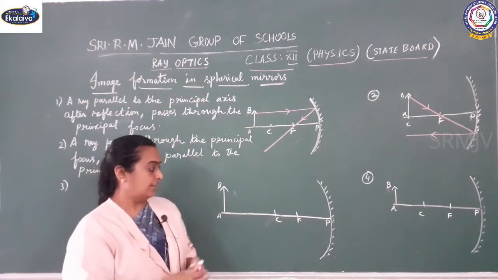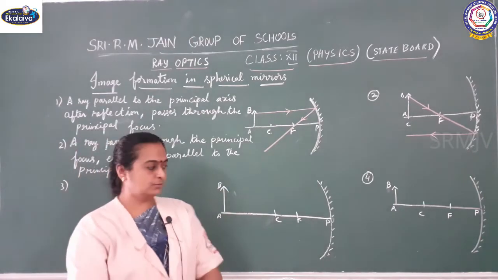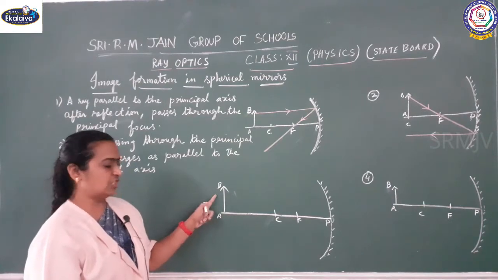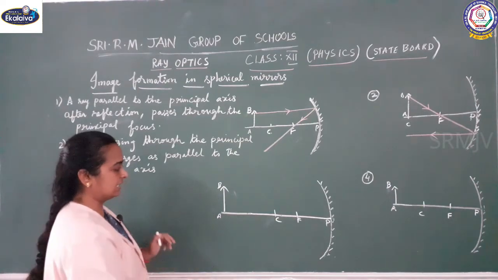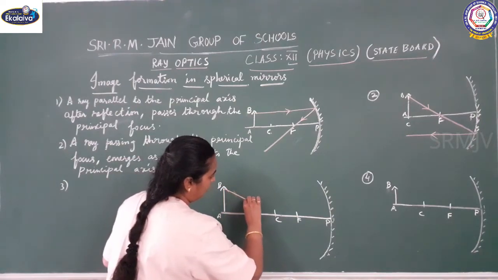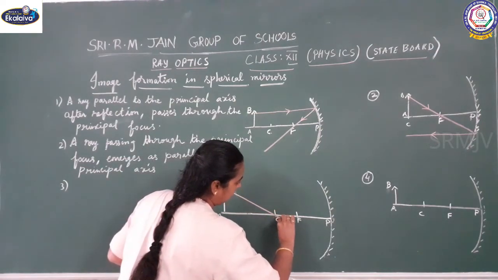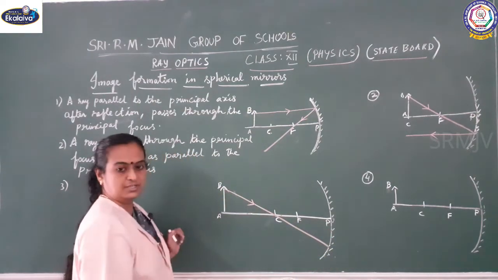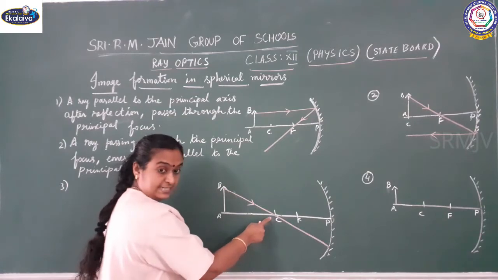Okay. Now let us move on to the third rule. Again, here is the source from which light is made to fall. Now this time I allow the light ray to pass through the center of curvature. This is once again the incident ray, and this is the center of curvature.